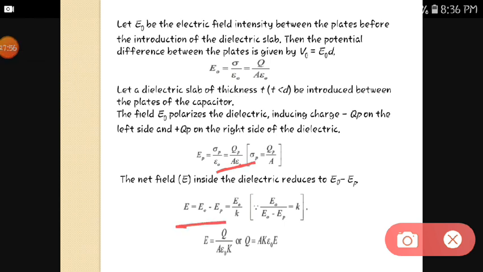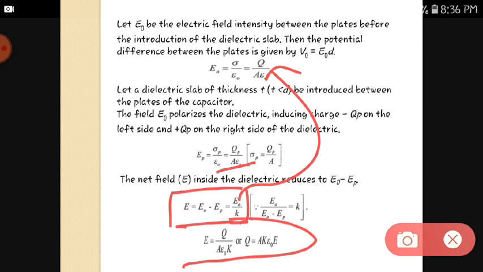Then we write the formula for E, which is E0 minus EP, and that is given by E0 by K. By substituting the value of E0, we get Q divided by A epsilon 0 K, or, shuffling this equation, Q is equal to A epsilon 0 K into E.